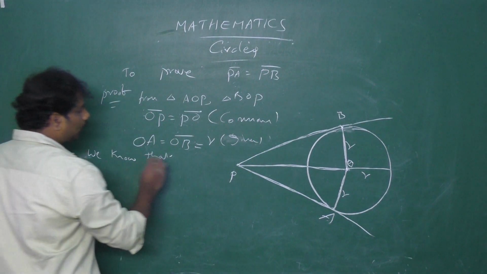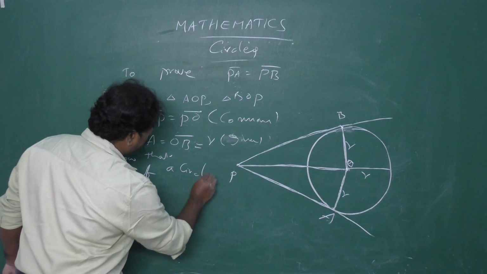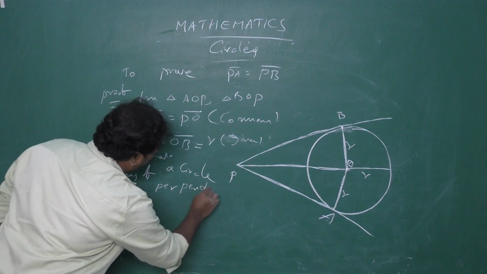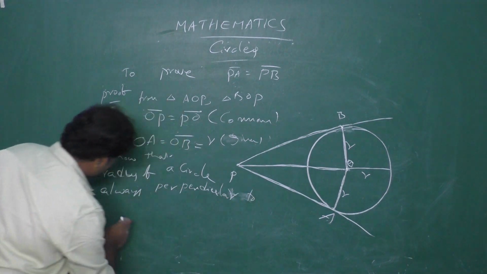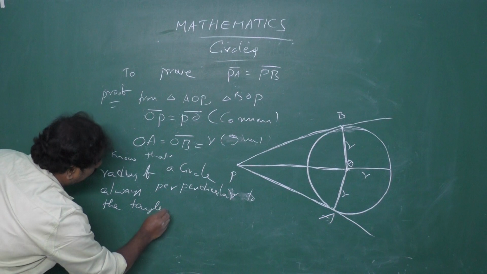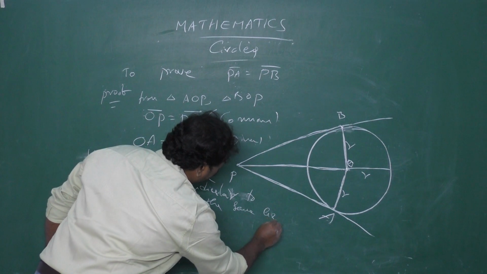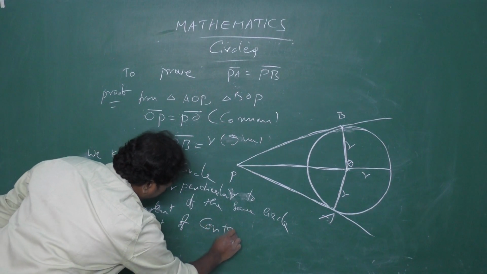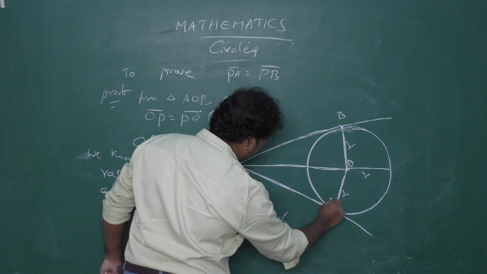We know that the radius of a circle is always perpendicular to the tangent of the same circle at the point of contact.